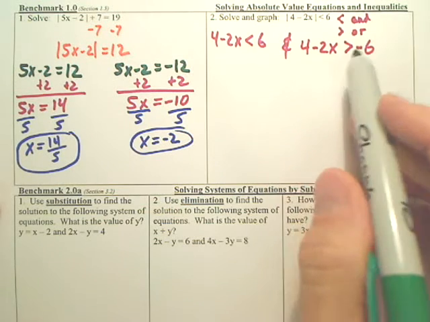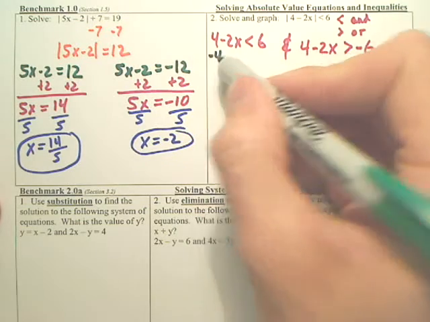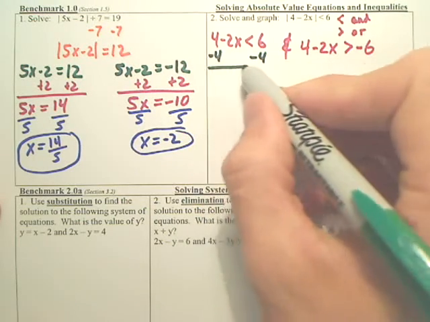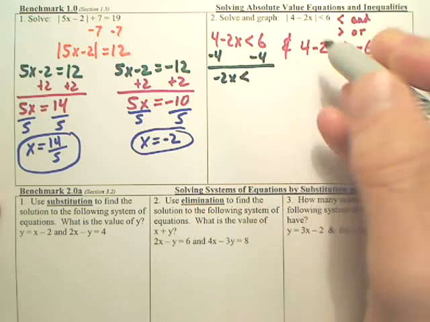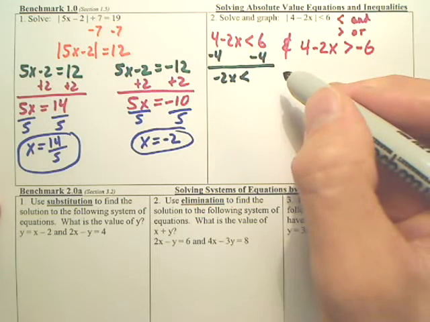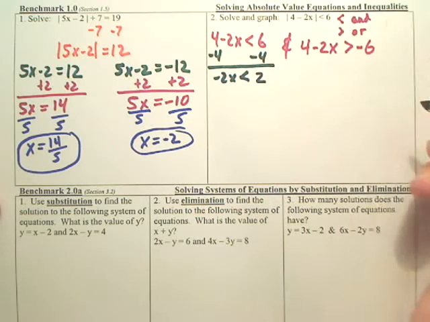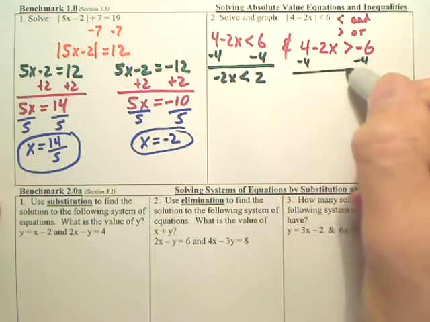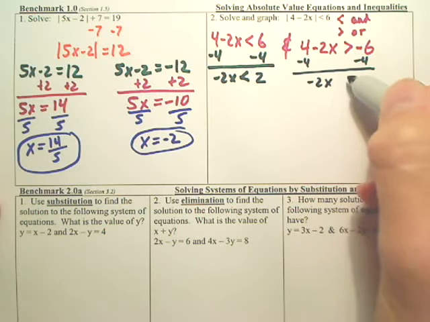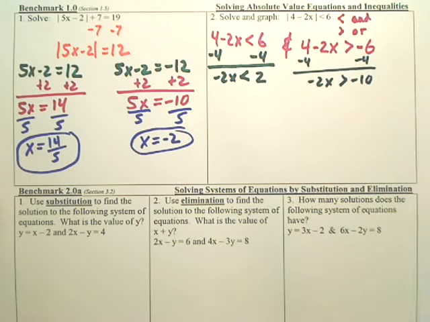And now we solve each of these. So we're going to minus the 4 over. And we have negative 2x is less than 2. And here we minus the 4 over. We have negative 2x is greater than negative 10.